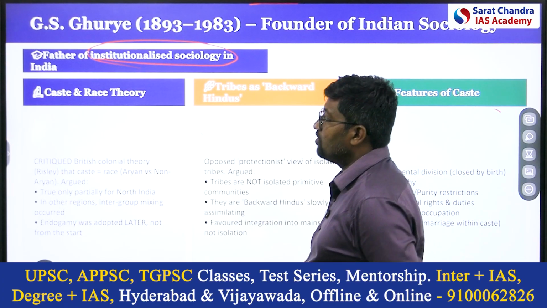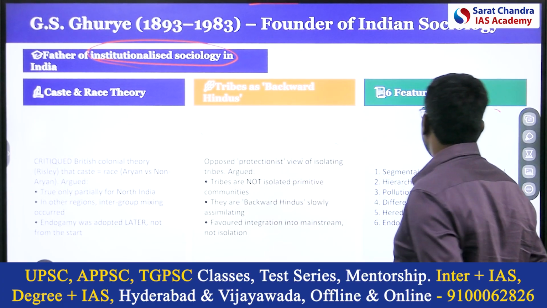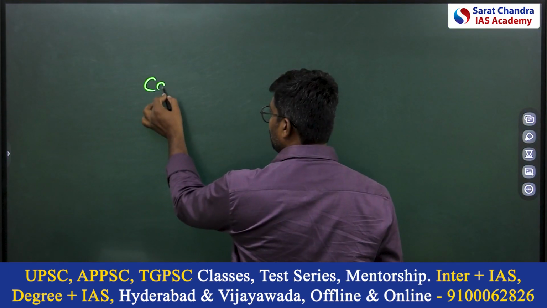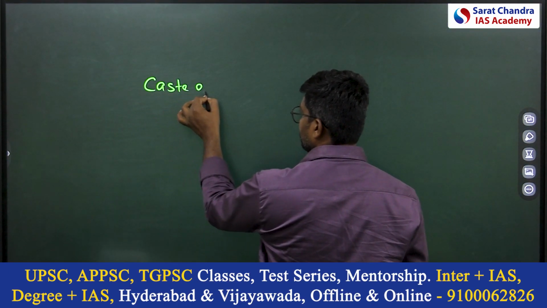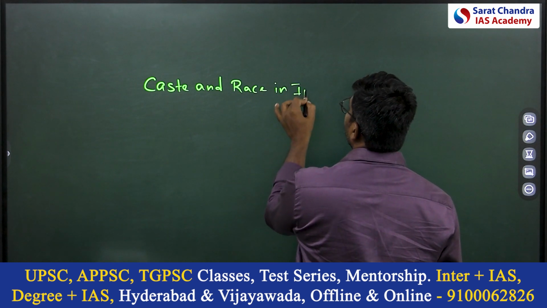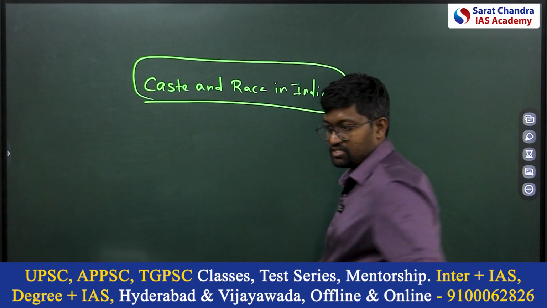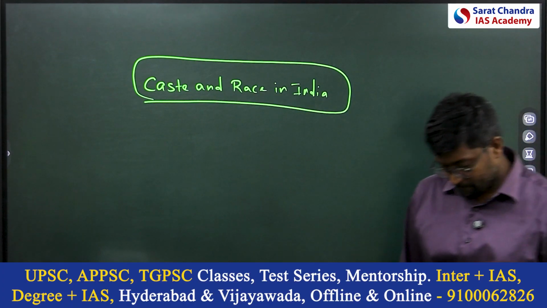Now, what is the famous work of G.S. Ghurye? He is famous for his book on caste and race in India. What is that book? Caste and Race in India.